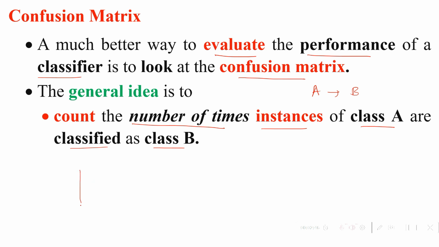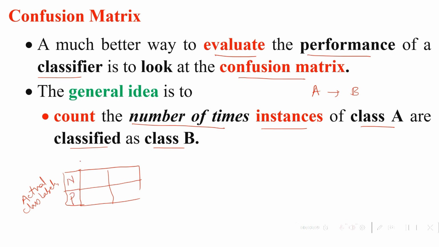It contains two things. They are the actual class labels, which are of two types, negative or positive.